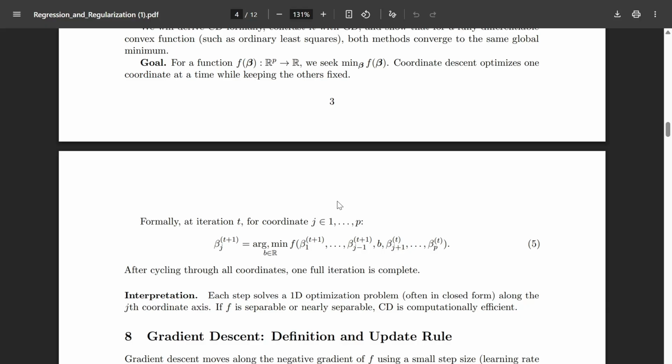Yeah, so basically what we are trying to do is get a closed form solution for one particular parameter. So we are not doing any descent. We are trying to find a closed form solution.